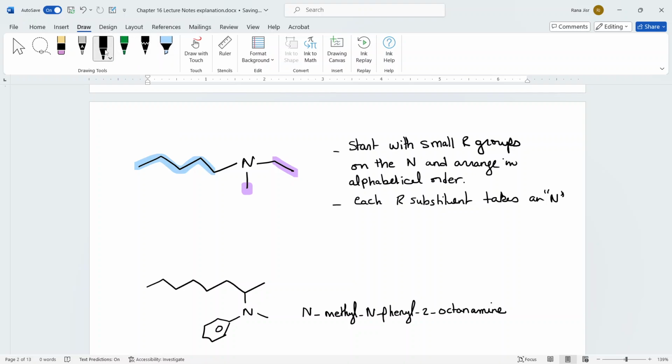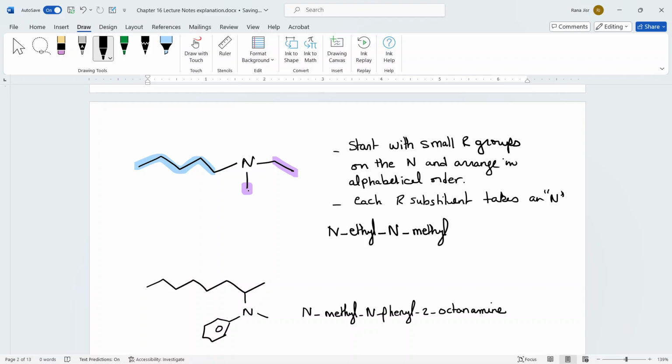So the name over here, I know that I have an ethyl group on the nitrogen and a methyl group on the nitrogen. Okay, those are different. E comes before the M. So each one will take an N because both of them belong to the N. So the name is going to be N dash ethyl, and then N dash methyl.